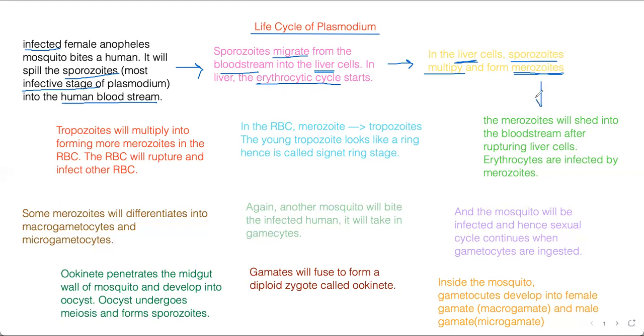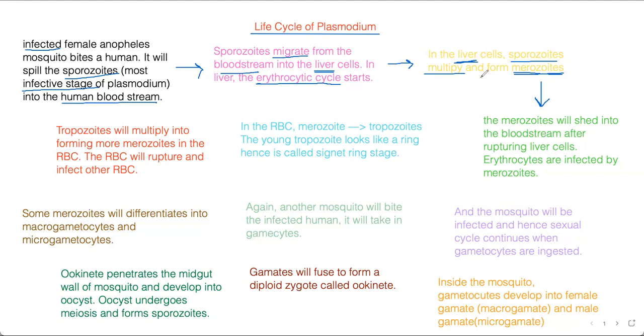Now the merozoites will shed into the bloodstream. Why? Because when the sporozoite multiplies inside the liver cell, it grows, and when it grows, it will slowly start killing the liver cell.